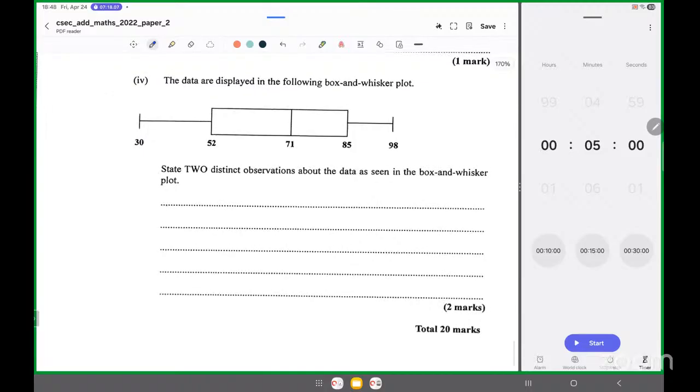And down here you can say 1, the median is 71 marks. And 2, the data is negatively skewed.